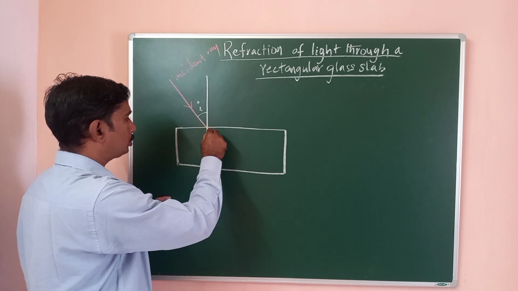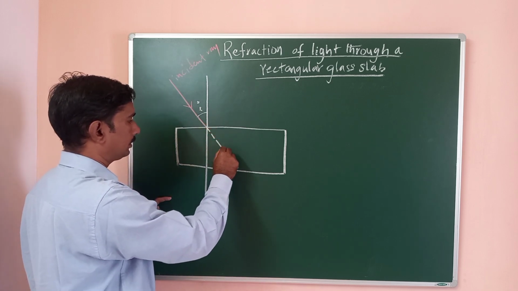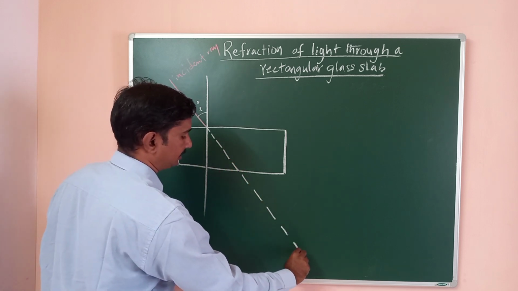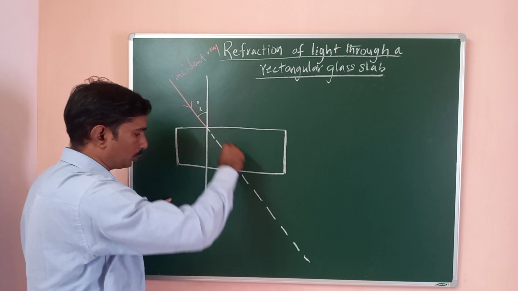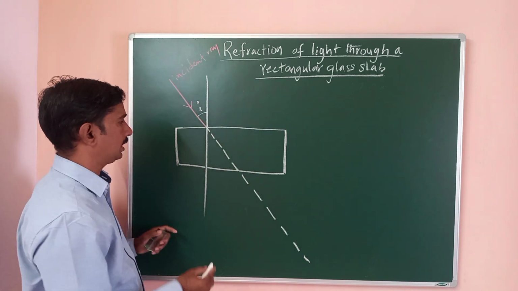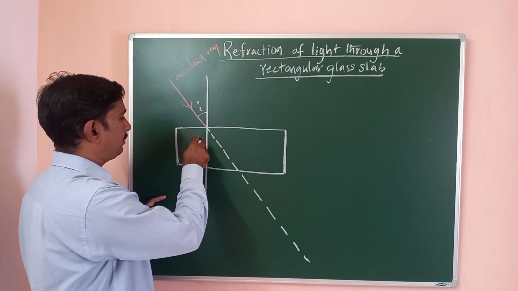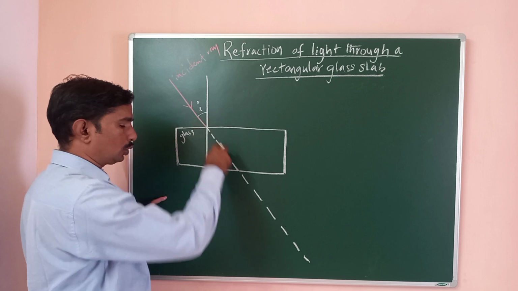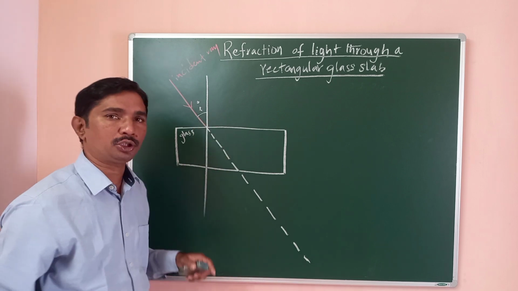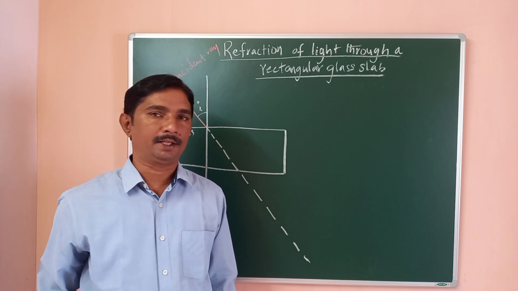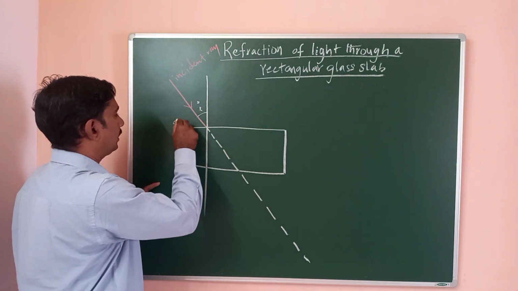In the absence of the glass slab, this ray is supposed to go straight in this direction, as light travels in a straight line. But due to the second medium, the glass, the light will not go in this direction. The direction of the light changes due to the change in velocity of light. This is air.